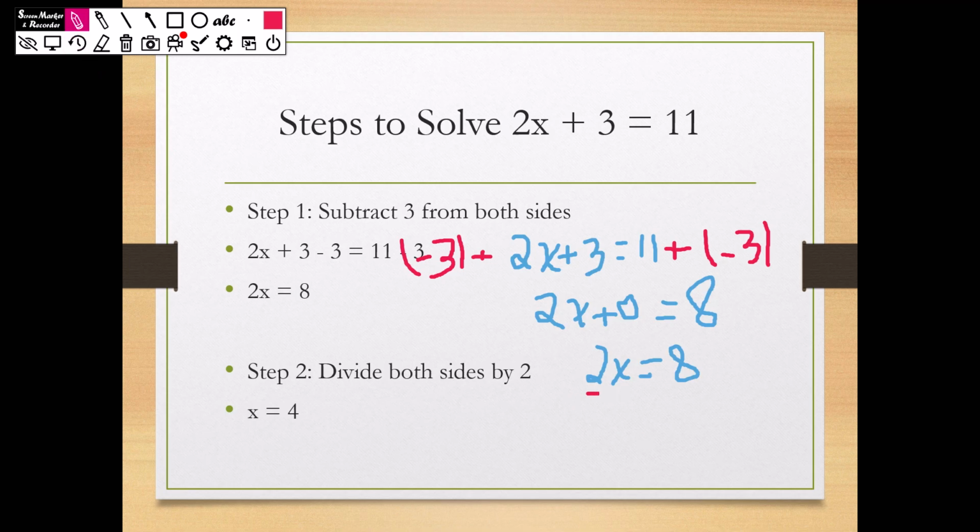Yes, we can divide by 2, because if we divide by 2 on both sides of the equation, we can cross the 2 next to the x, and we will get x is equal to 4. So at the end we got x equal to 4 as the solution for the main equation, which is 2x plus 3 equal to 11.